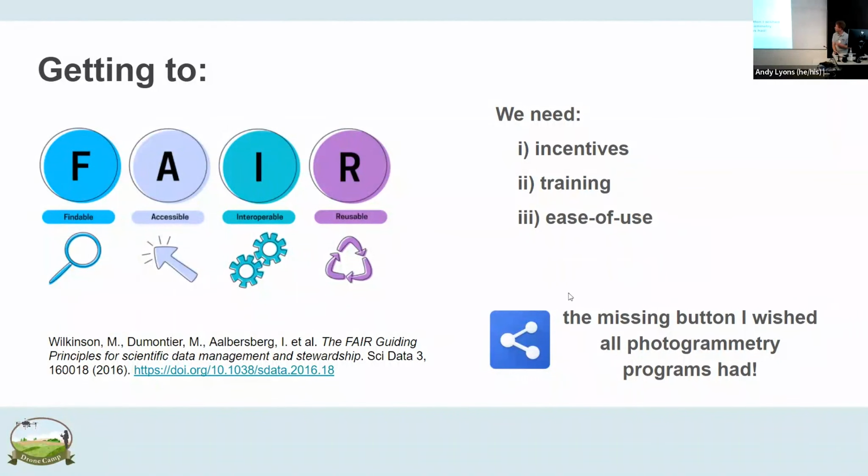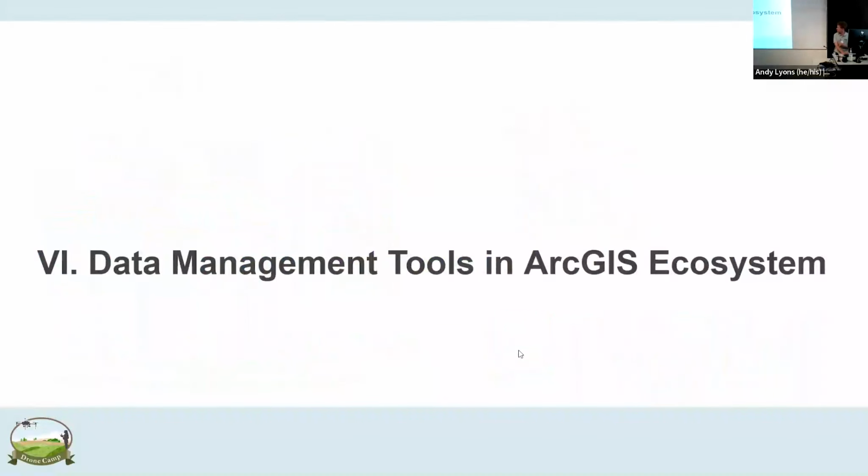I'd like to see the industry go with a share button on your photogrammetry software, so that at least you can share the existence of your data. But we're lucky that ArcGIS has made progress on developing an ecosystem of tools that does some of this. I'll turn it over to Shane to finish this up.